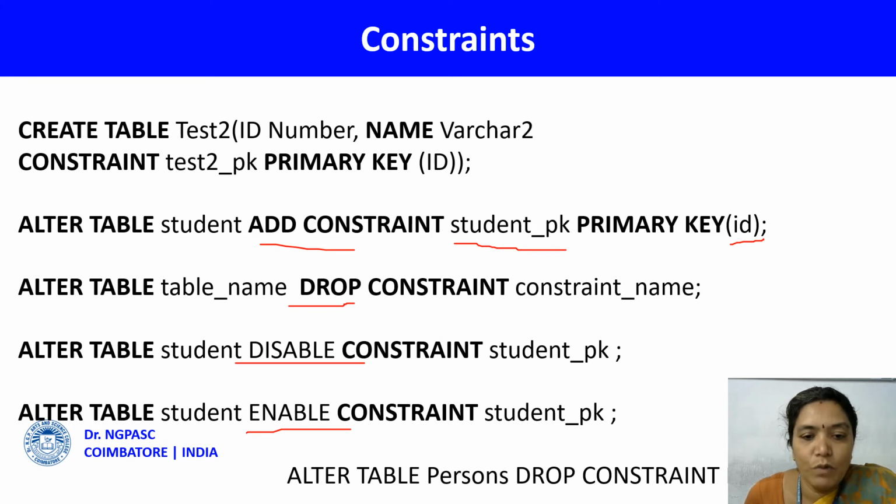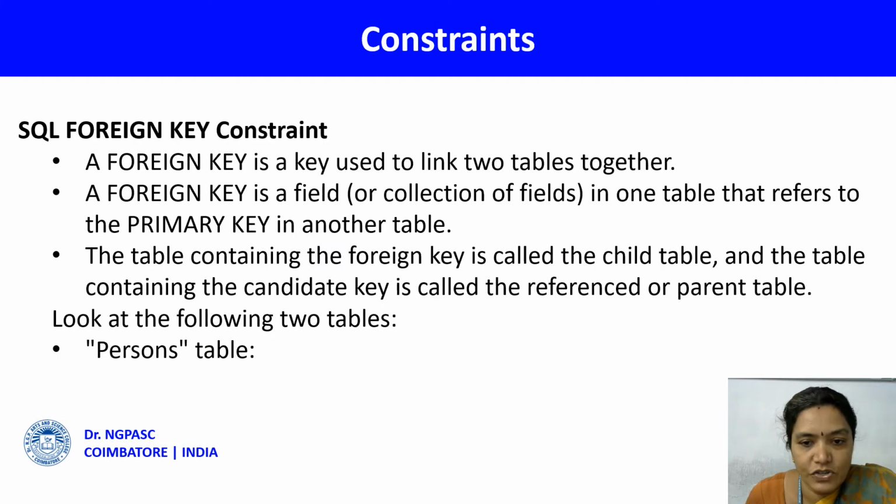The keyword I want to use is DISABLE, if I want to disable the constraint, followed by the CONSTRAINT keyword and the name of the constraint. The next one is the ENABLE keyword. If you have disabled any constraint and want to enable it later, you can use ENABLE CONSTRAINT, then the name of the constraint.